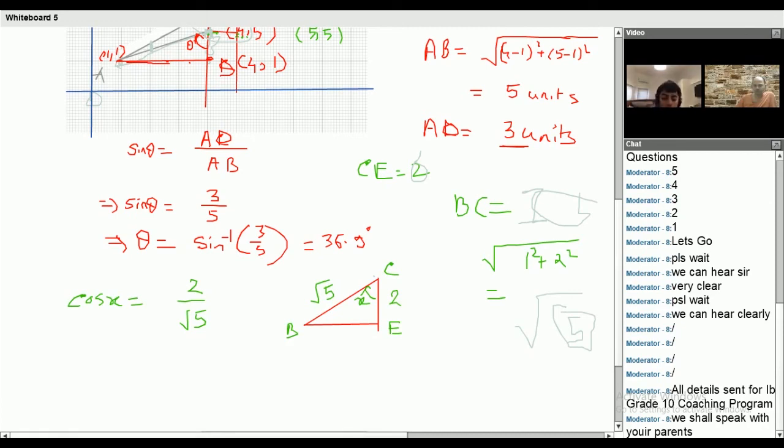Adjacent over hypotenuse is going to be cos of x. So can you find the value of x?